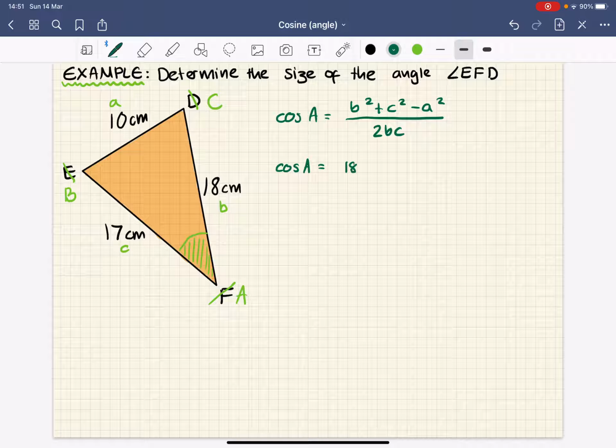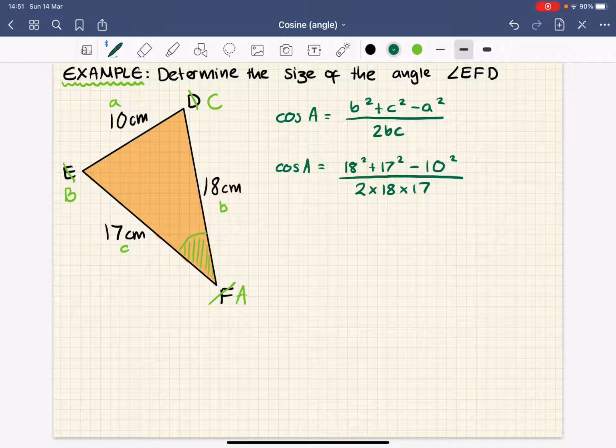So that'll be 18 squared plus 17 squared minus the 10 squared, all over 2 times the 18 times the 17. So putting that into my calculator, so it simplifies the fraction for me. And that gives me an answer of 57 over 68.